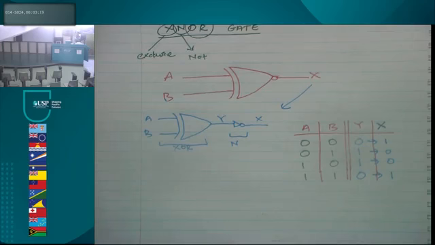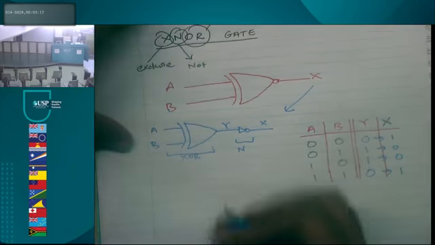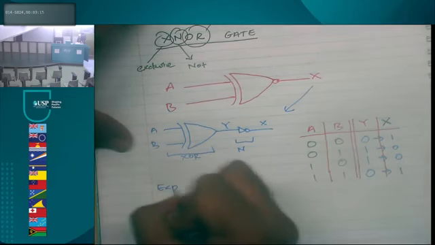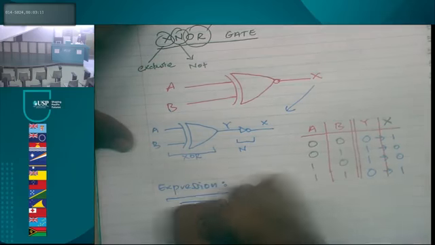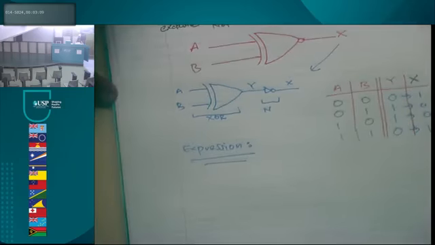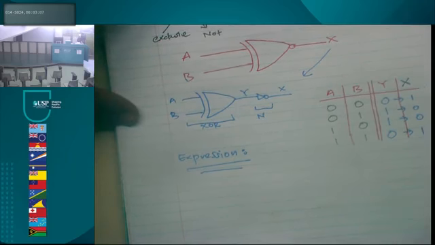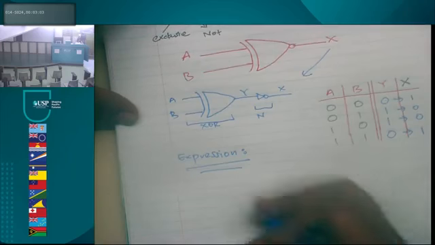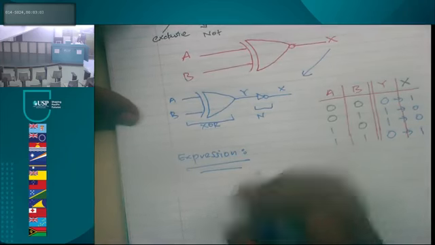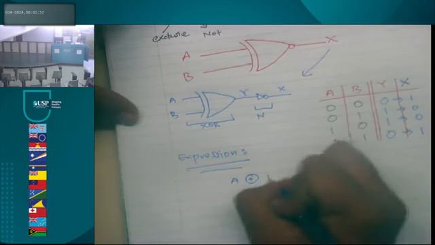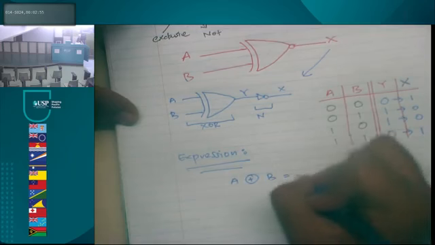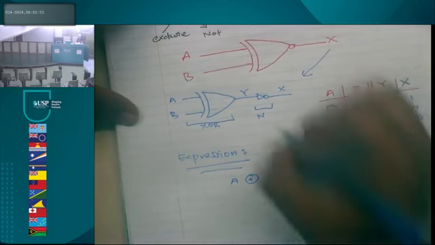Okay, let's also see the expression for this, right? Last thing. So first is the expression for just the XOR, right? A, that's Y, okay?